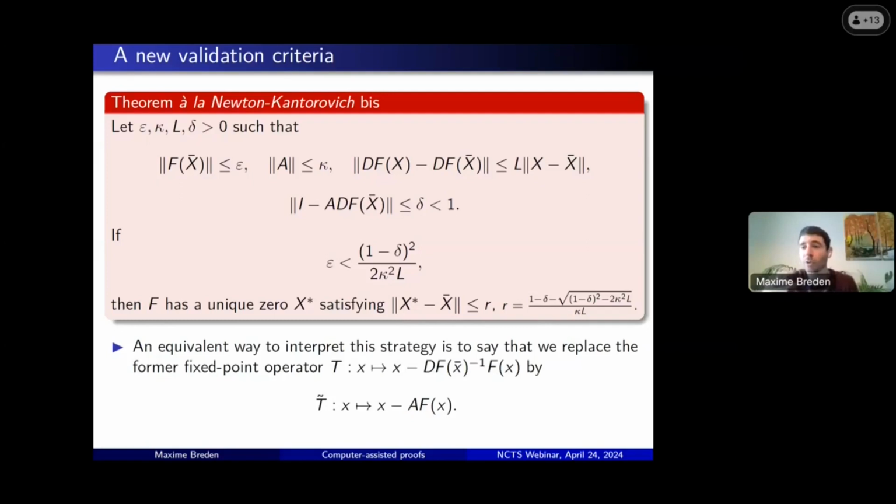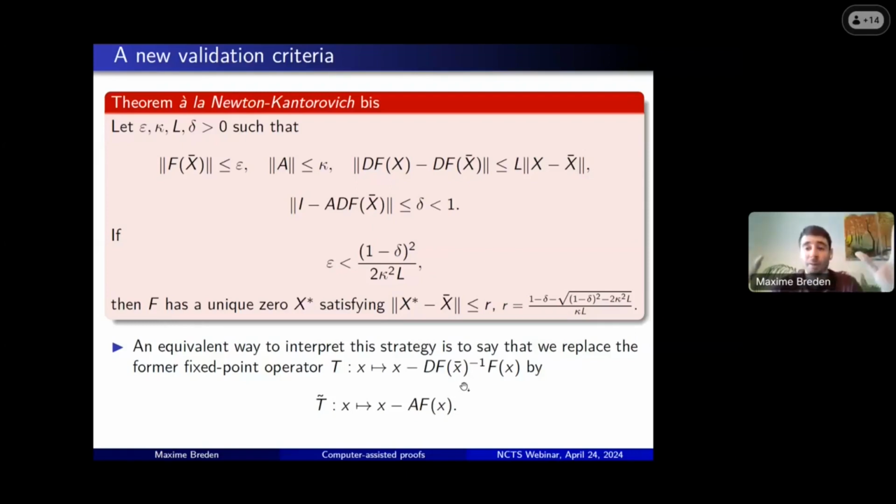So it's not only contracting, it's super contracting. And I have some room to play with. I only want the norm of the Fréchet derivative to be less than 1 to prove that I have a contraction. 0, of course, is perfect for me, but I don't need this. And so I have some room to play with, which allows me to replace this object, which is maybe a bit difficult, by an approximate inverse, which makes my life a bit easier. Okay.